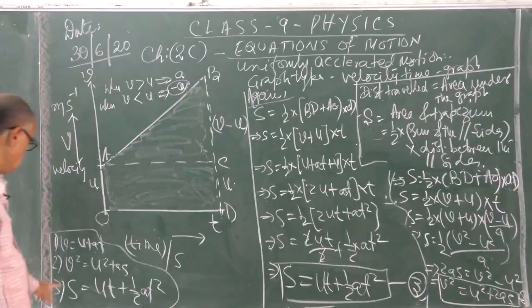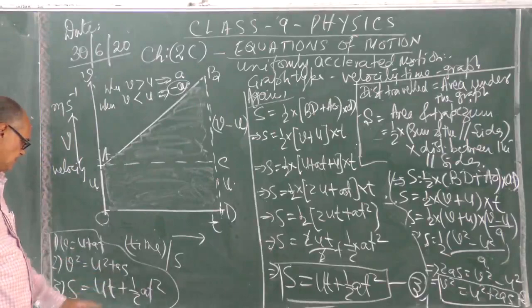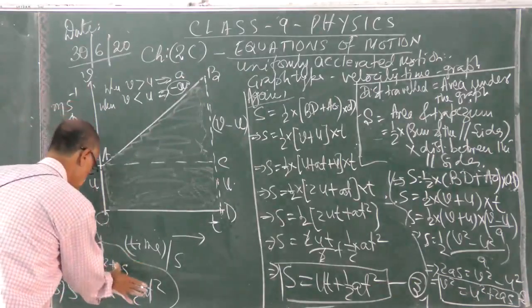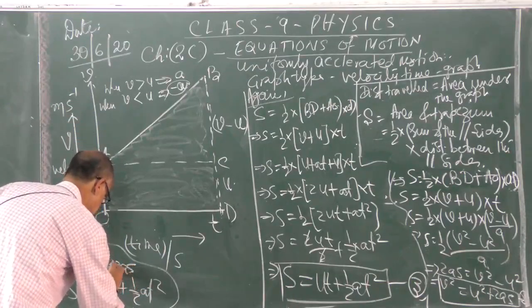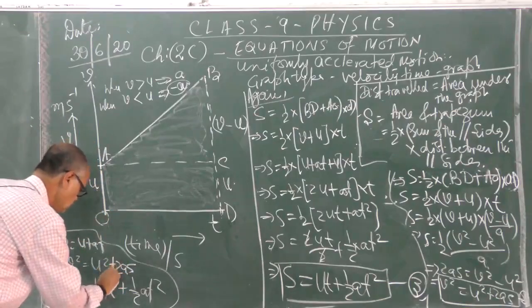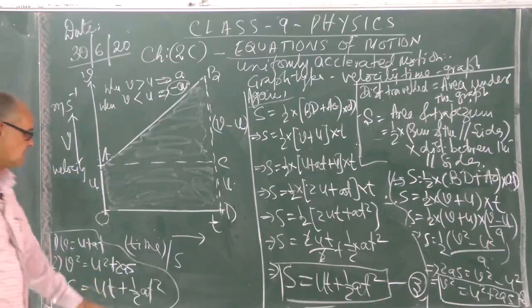Keeping that in mind, final velocity being 0, v square is equal to u square plus twice as.